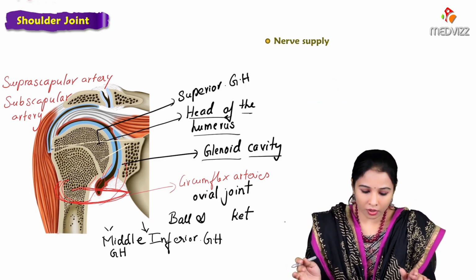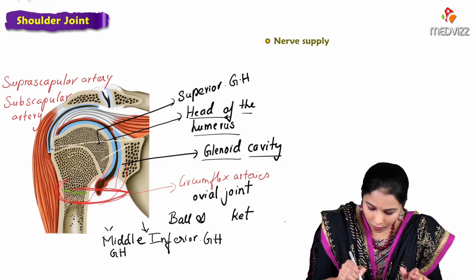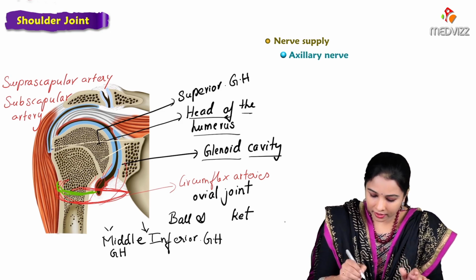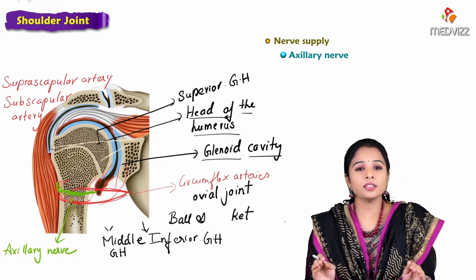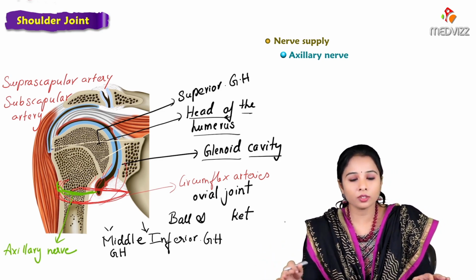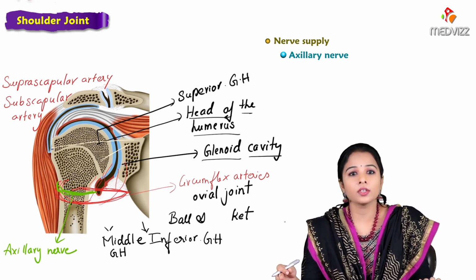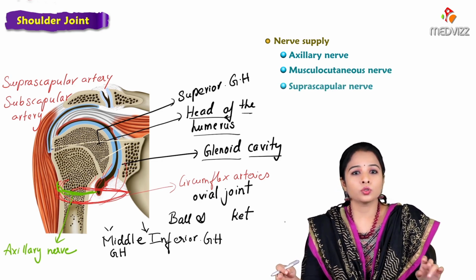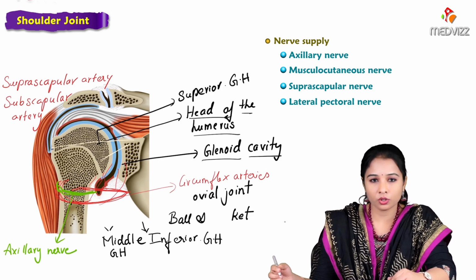Nerve supply to the shoulder joint. We know that the surgical neck of the humerus is wound round by the axillary nerve. So the axillary nerve which winds round the surgical neck gives articular twigs to supply the shoulder joint. And not only the axillary nerve, musculocutaneous nerve, suprascapular nerve and lateral pectoral nerve also supply the shoulder joint.